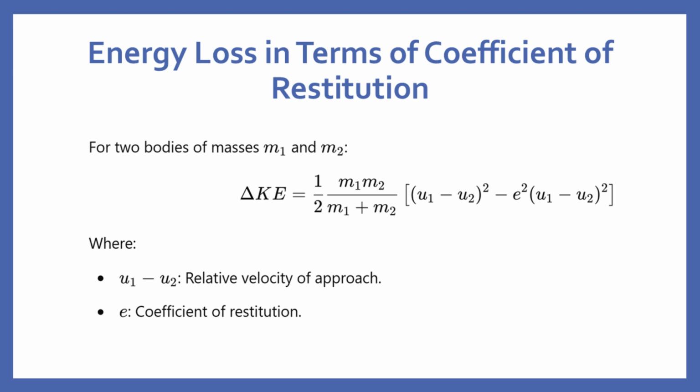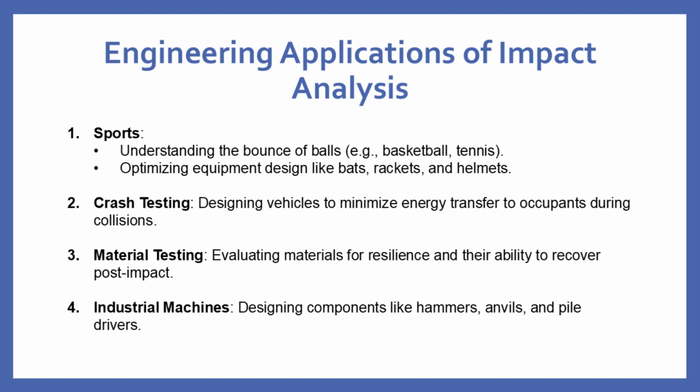Impact analysis has vital engineering applications across various fields. In sports, engineers optimize equipment such as bats and helmets to enhance performance and safety. In crash testing, vehicles are designed to protect passengers during collisions.